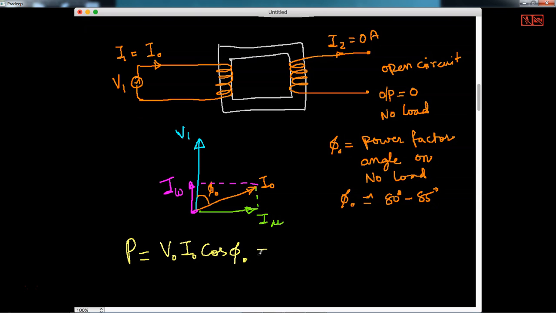So this is also nothing but V0 into IW, because you notice the cos component is nothing but the IW of it. So this is the input power to the transformer, but the output power is 0. So what about this input, where it is going? It is going to meet the losses in the transformer. So this is nothing but no load losses.